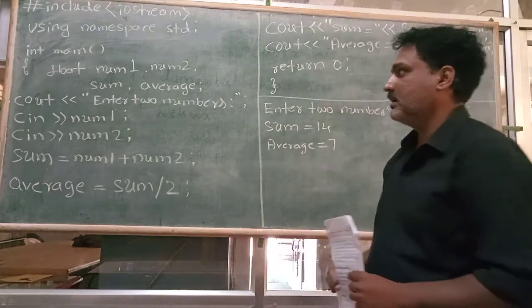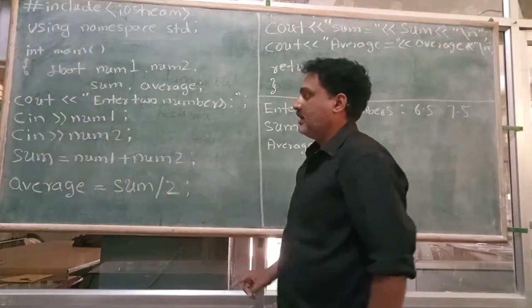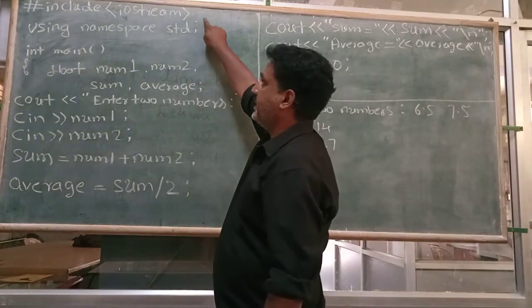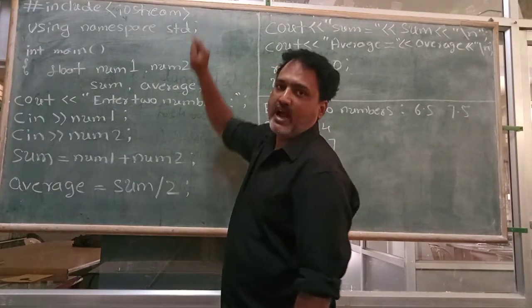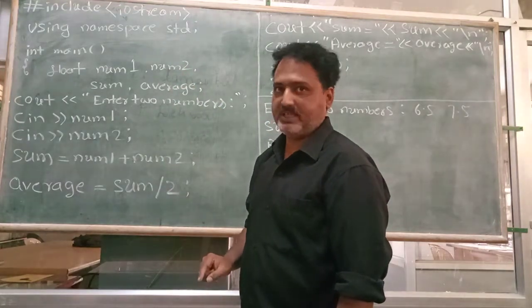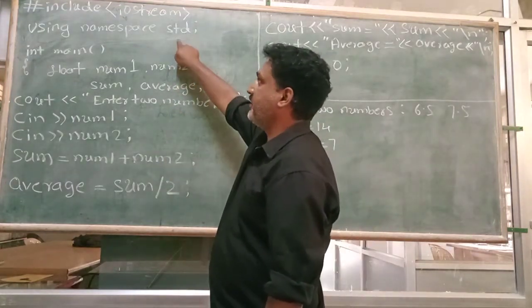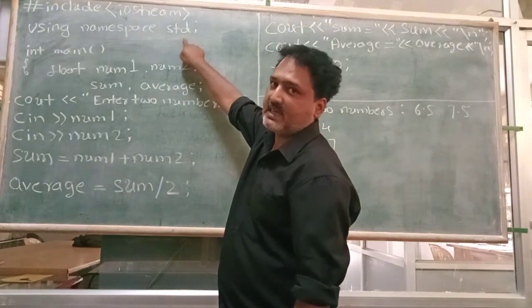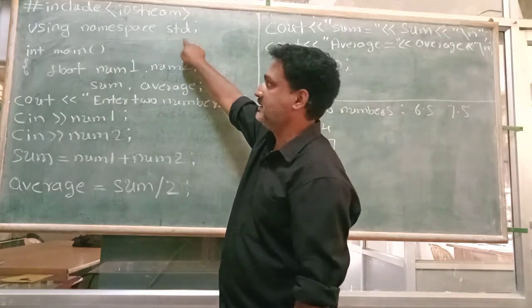Let me explain this program first. The first statement is #include IOStream. We are including the file IOStream, input output stream. The second statement is we are using the namespace std. In the previous class I told about the namespace.